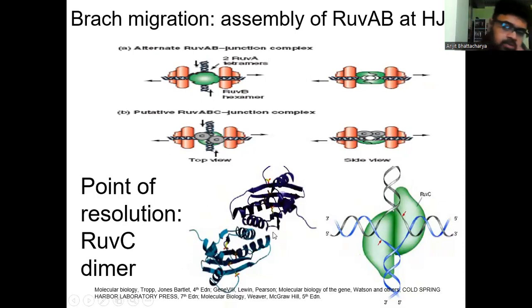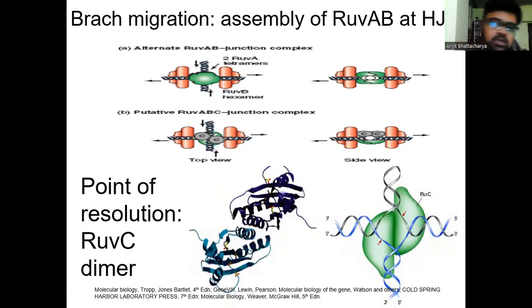Now, at the point of resolution, as we mentioned earlier, we need an endonuclease called RAF-C. After the branch has migrated to a certain distance, RAF-C, the endonuclease, would come. It would bind to the DNA as a dimer, and it can act on these single strands of the holiday junction to nick it and to resolve the recombined DNA.